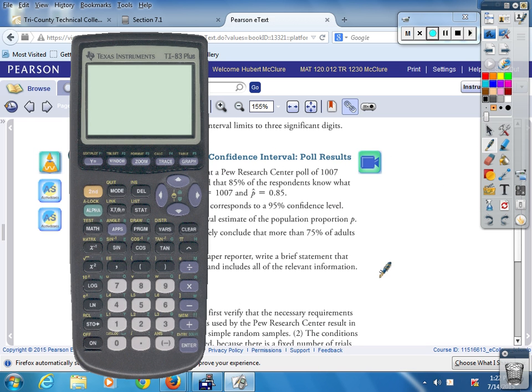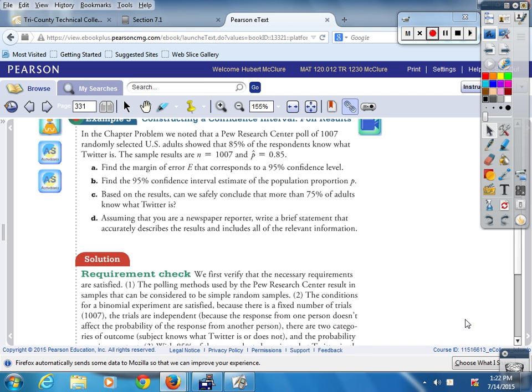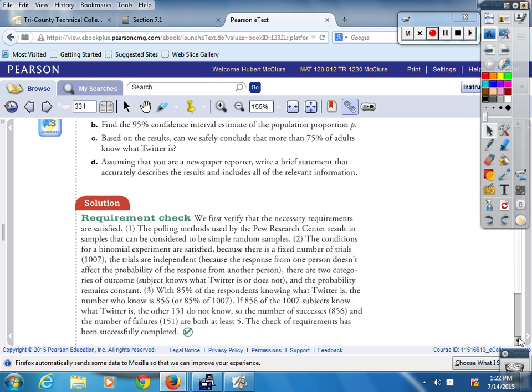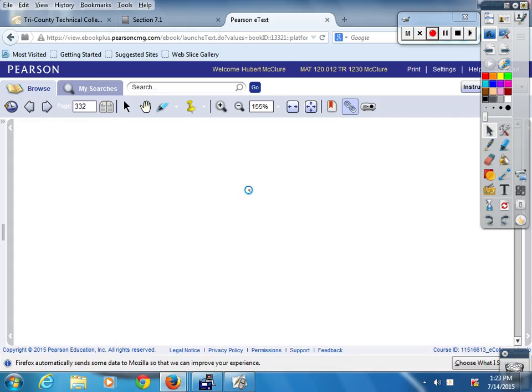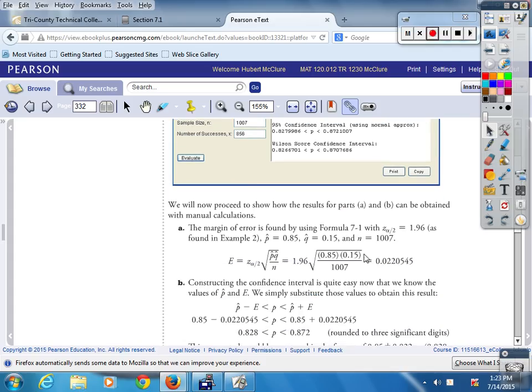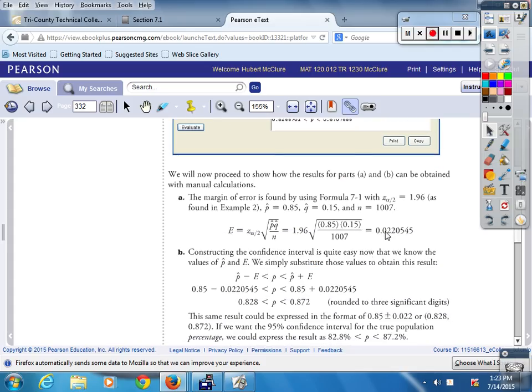So let's see what they got. Let's see if we know what we're talking about. Okay. Let's go to the next page, see if they know what we're doing. Here we go. What did they get for margin of error? 0.022.